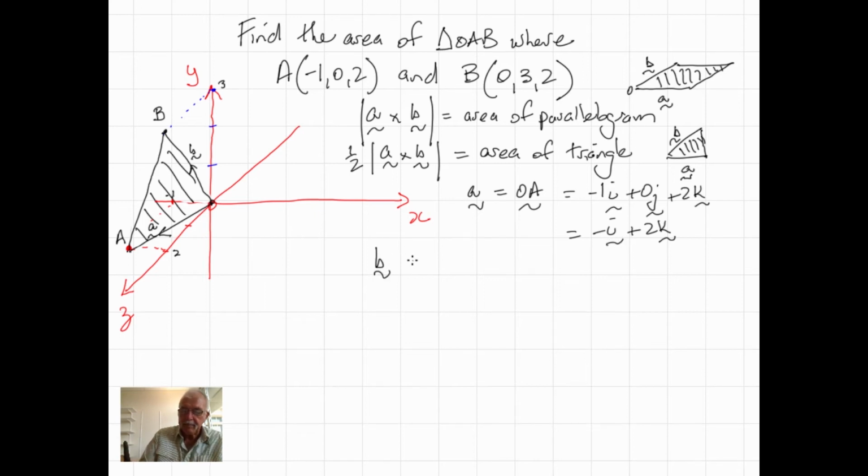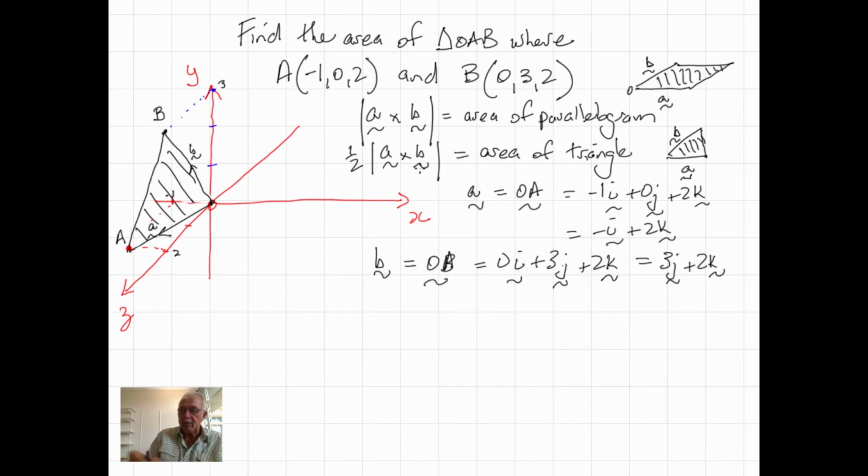Likewise, vector B is equal to the position vector from the origin out to point B, and that will be equal to 0i plus 3j plus 2k. Once again, we can simplify that. We don't have an i component, so that'll be 3j plus 2k.